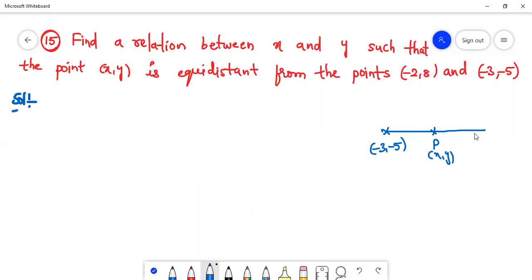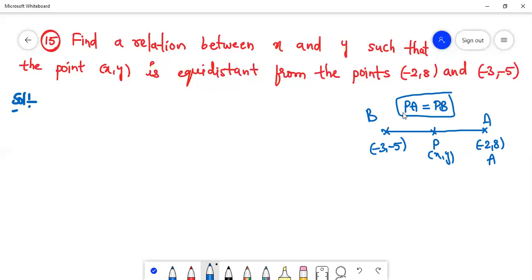The given points are A and B, but these two are having the equidistance. That is nothing but the distance between the point P to A and P to B, both are having the equal distance.